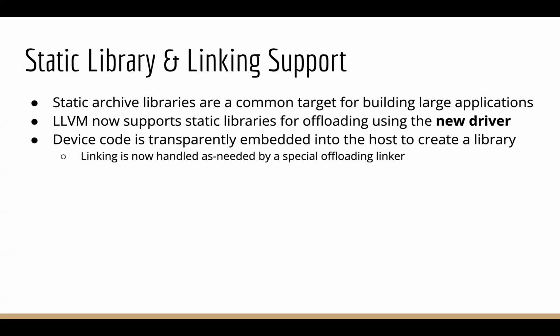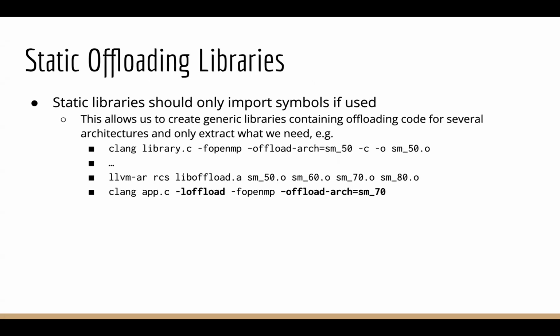Next slide, please. One interesting thing about static libraries is that they are normally imported lazily. That means that the symbols in a given object file will typically only be pulled in if they're actually used in the application you are trying to link.